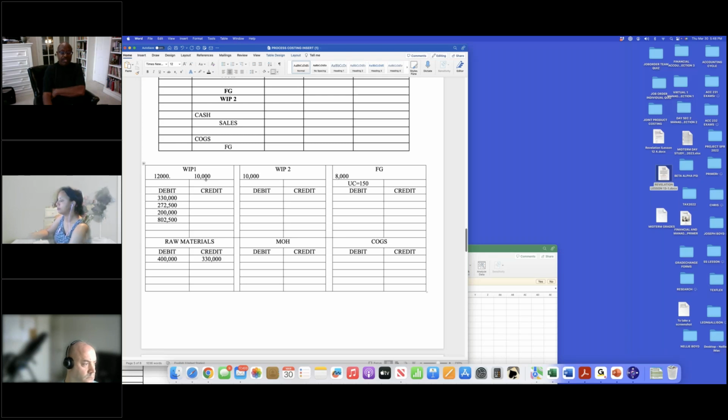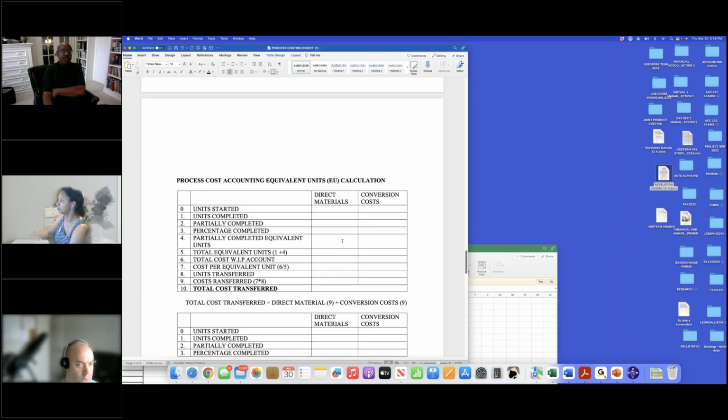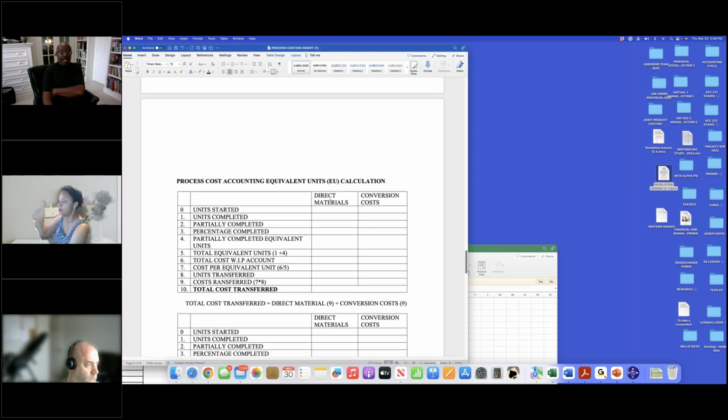To help us with that, we have this chart here where we make the calculations. And different from before, we're going to do a part of raw materials and a part of the conversion costs, the labor and the overhead. How many units did we start? 12,000.